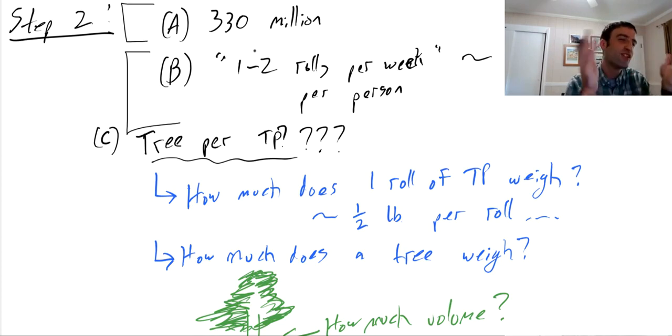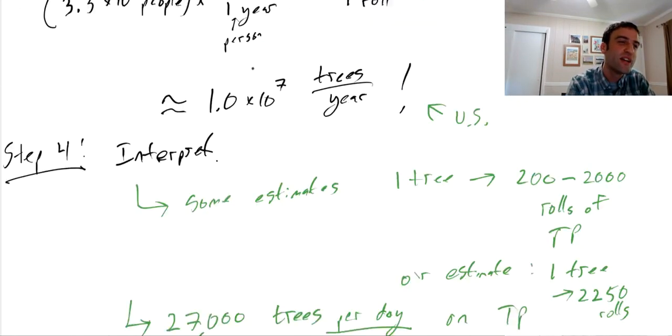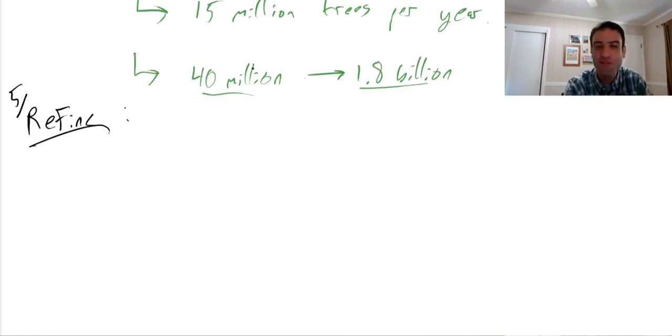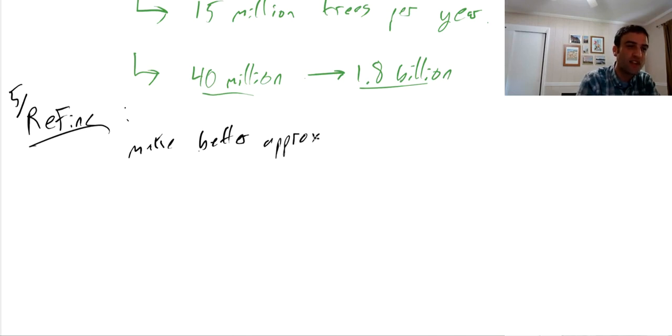And I could think about the amount of toilet paper you use, not only in terms of how much you buy at the grocery store, but also home use plus office use plus public use and all of this stuff. So I don't actually want to, but you could certainly go through this and make better assumptions, make better approximations by thinking harder about any of the sub-problems we broke things down into.